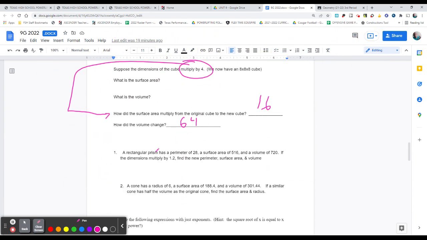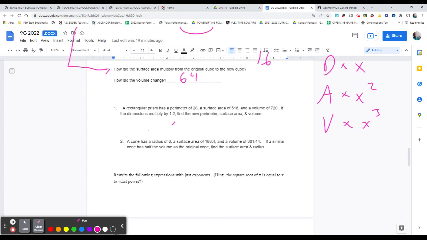So if the dimensions multiply by x, the area is going to multiply by x squared, and the volume is going to multiply by x cubed. So now we can do some of these volume problems here.